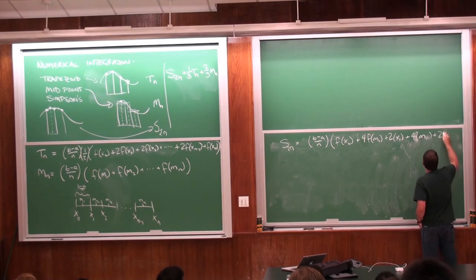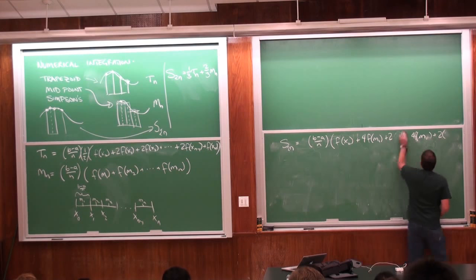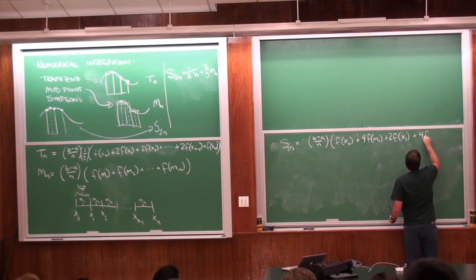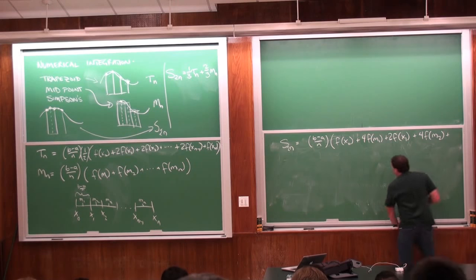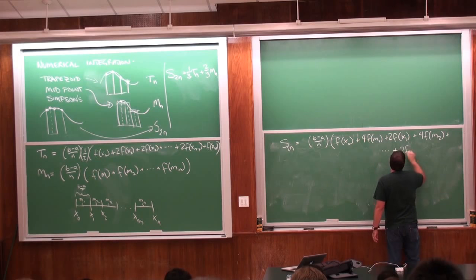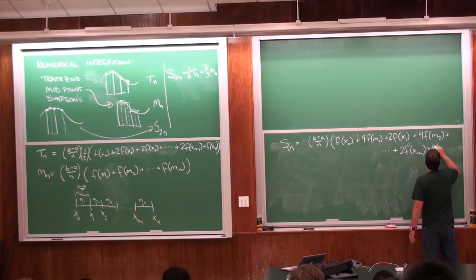And then 2 of the next side, and 2 of the next side, and so on. And then when I get to the end, I will be taking 2 of the last guy plus 4 of the last midpoint plus just 1 of the last point.